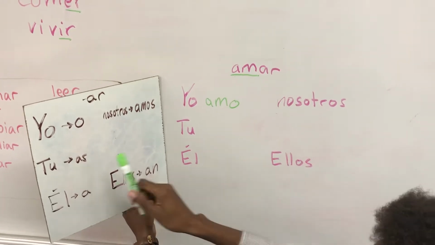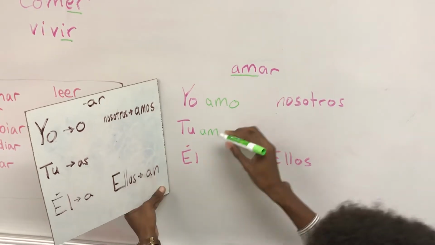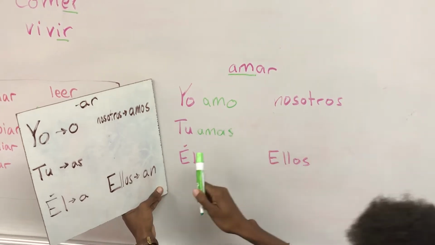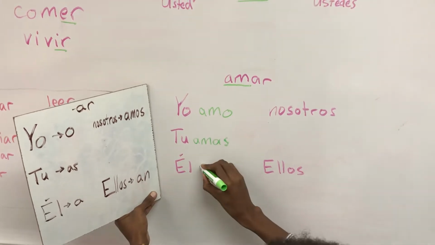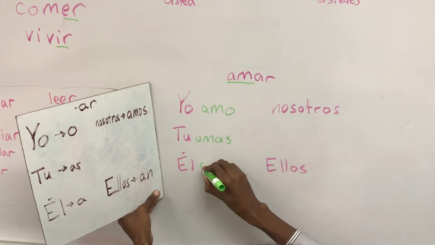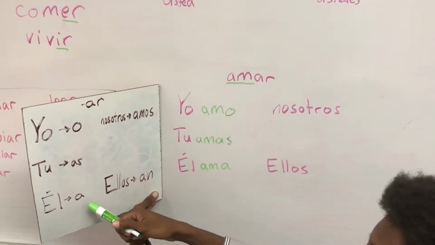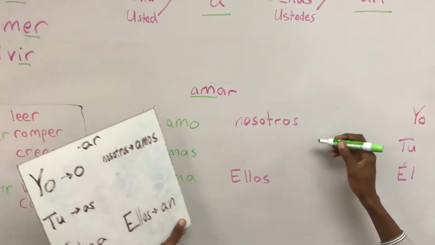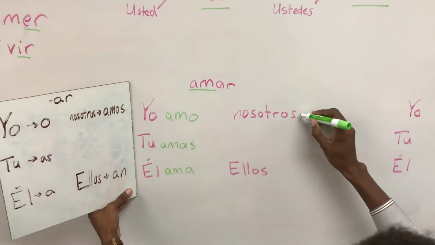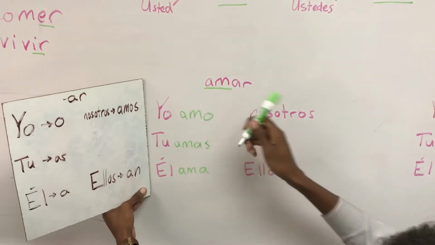So, tú, you write the stem, and then you just add AS. Tú amas. How about él? Alright, él, write the stem. You just add an A on the end. Él ama. Alright, how about nosotros over here? Nosotros, alright, you have amos. So you're going to write the stem.